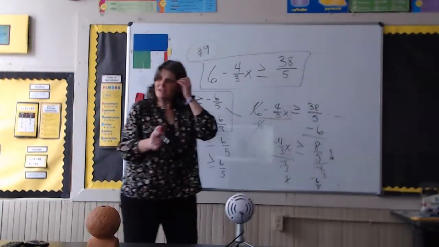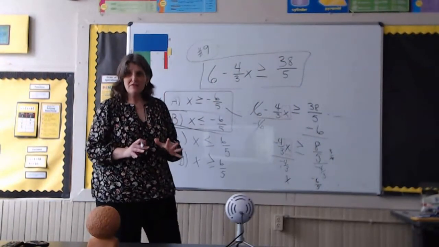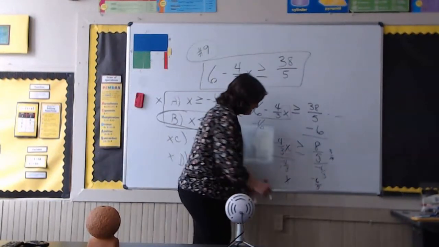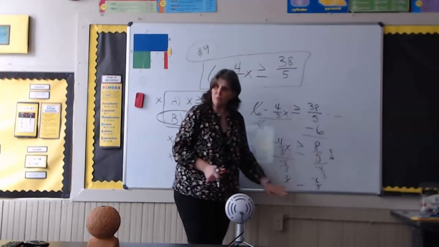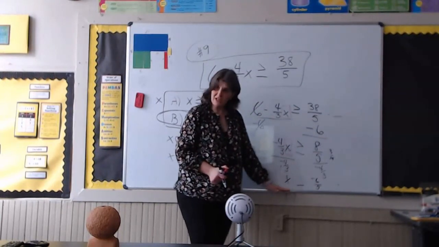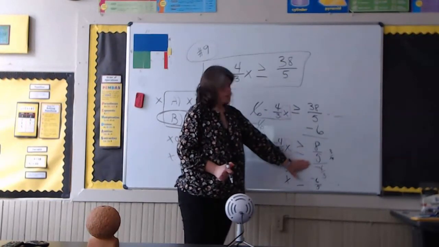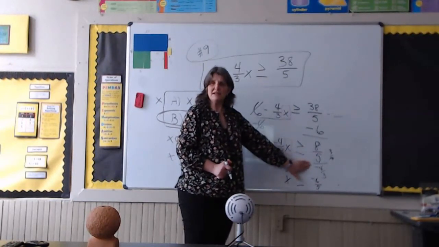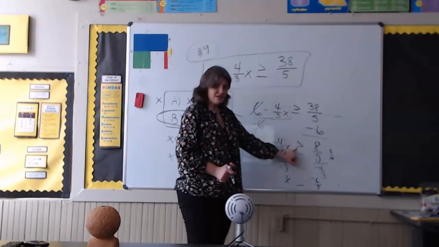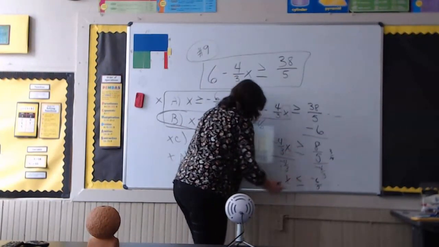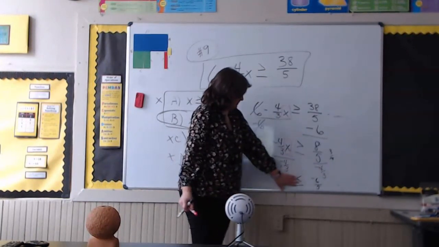Here's where inequalities are different than equations. If this were an equal sign right here, I would just leave the equal sign. In fact, I'm going to leave the equal part. That doesn't change. This, however, does. Because we divided by a negative number, we have to take this inequality and turn it around.